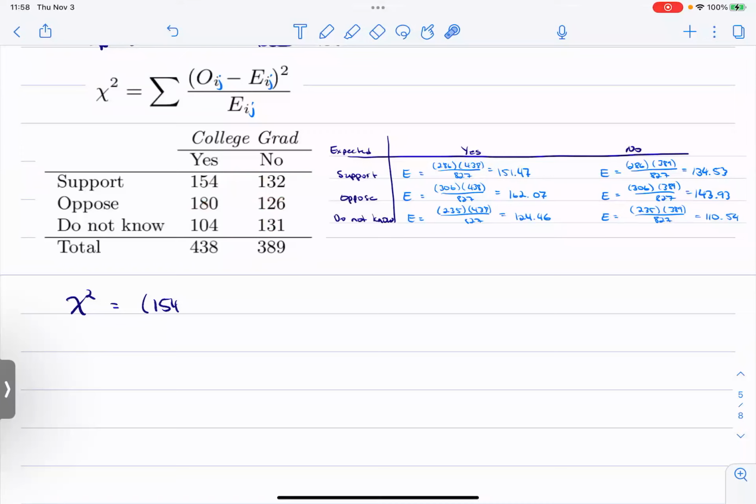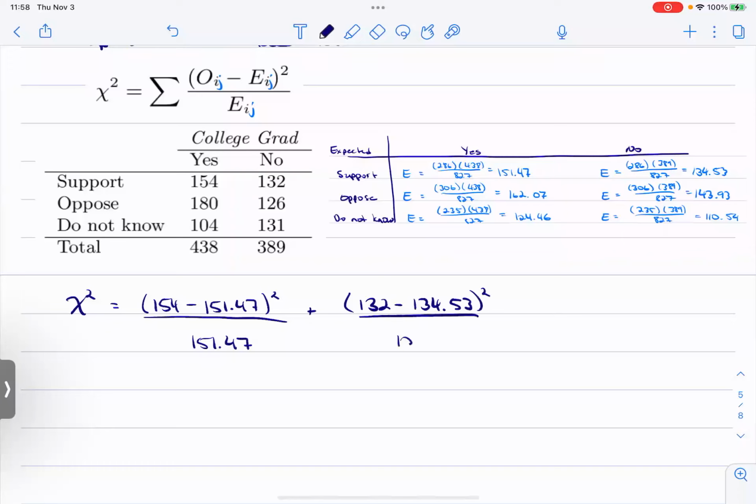It seems logical to me. 154 minus 151.47 squared divided by 151.47, plus, next one, 132 minus 134.53 squared over 134.53. On to the next row, 180.